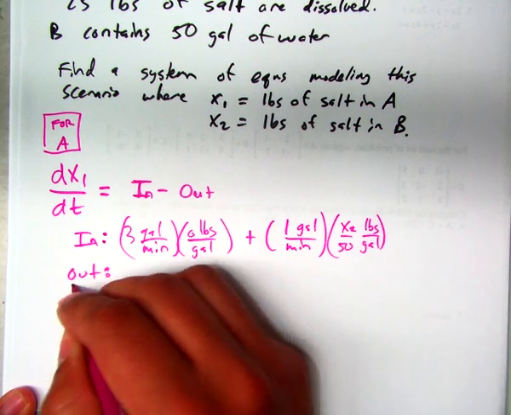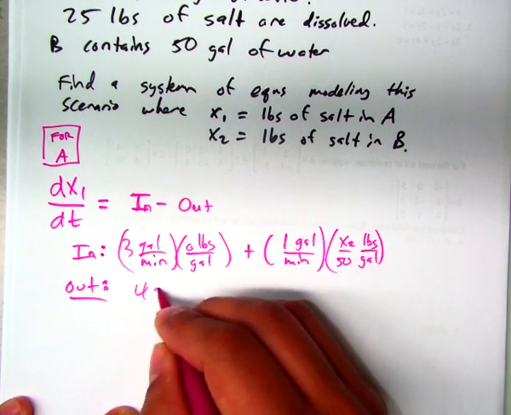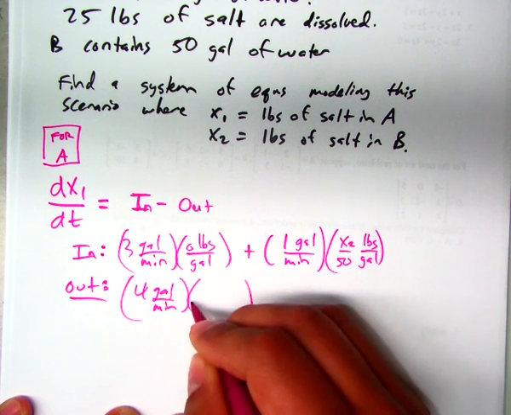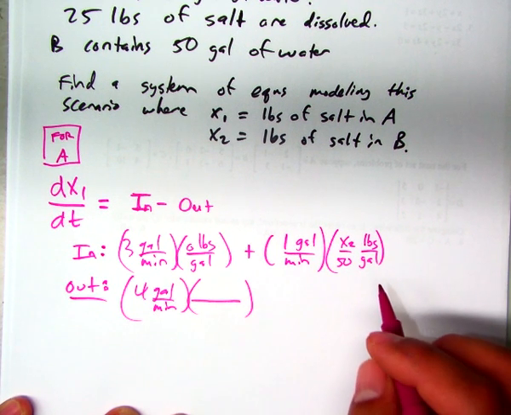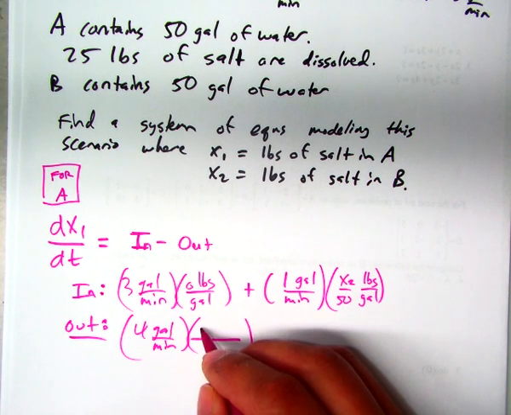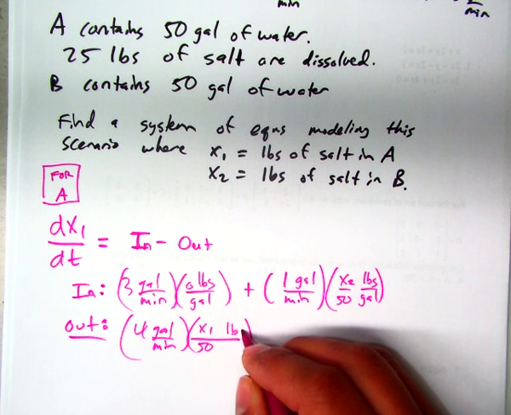Pretty simple. Out. All we have leaving is a mix at 4 gallons a minute. And the salt there would be x1 over 50 pounds per gallon.